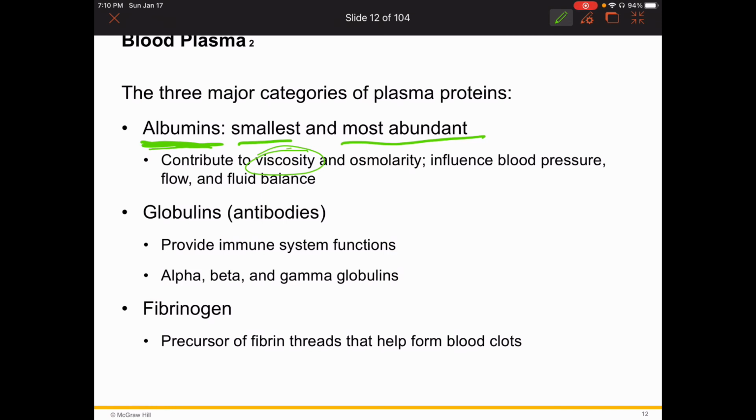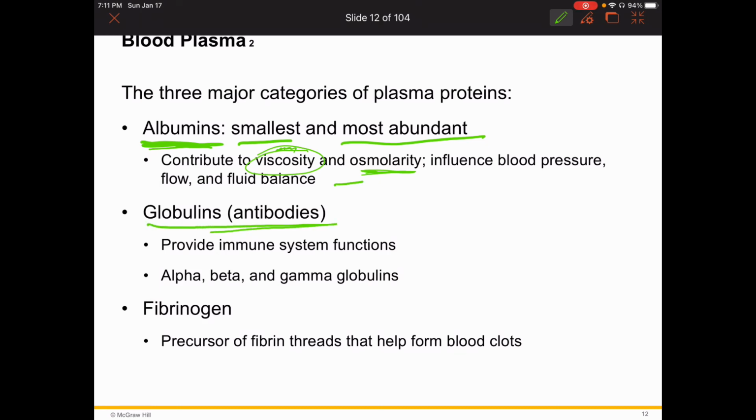We use them a lot in molecular biology to help separate and evenly distribute ions throughout a solution so we get more dependable reactivity. They also contribute to osmolarity in that way, because we're separating out all of our ions so we're not having clusters. They obviously are going to influence blood pressure and balance as well.